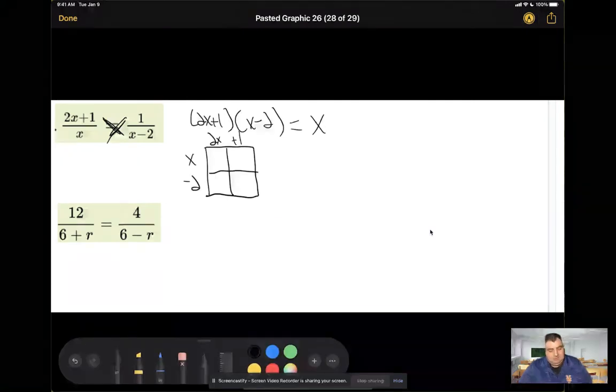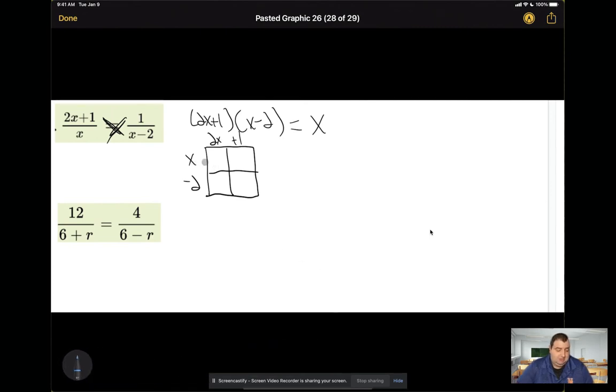And let's quickly multiply this out. So 2x times x is going to be 2x squared. 1 times x is 1x. Negative 2 times 2x is going to be a negative 4x. And negative 2 times 1 is going to be a negative 2.